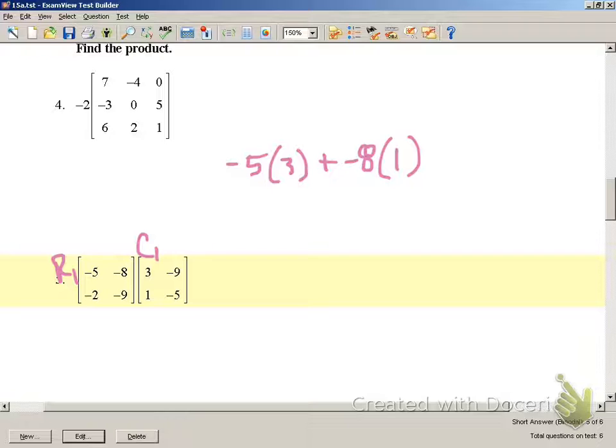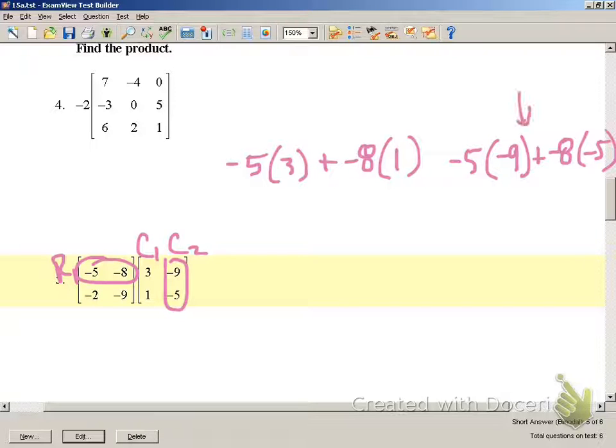Then we'll say row 1 times column 2. Negative 5 times negative 9 plus negative 8 times negative 5. You take this row and multiply it times this column to get this entry here.